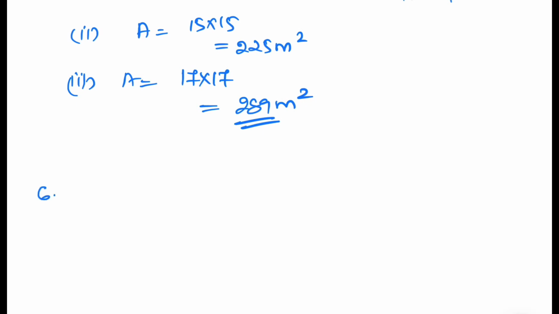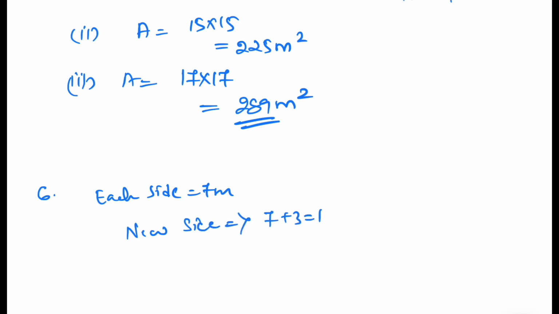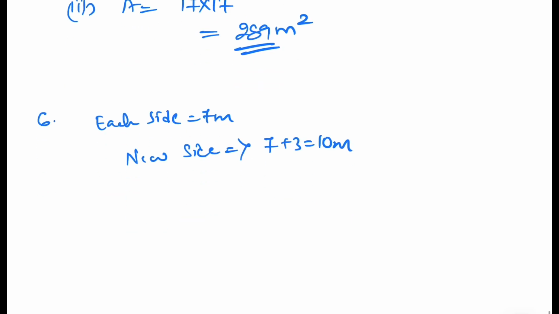Now coming to sixth question. Each side of a square is 7 meters. If its each side be increased by 3 meters, new side will be what? 7 plus 3, that is equal to 10 meters. What will be the increase in its area? So initially, first case, area will be 7 7s are 49.